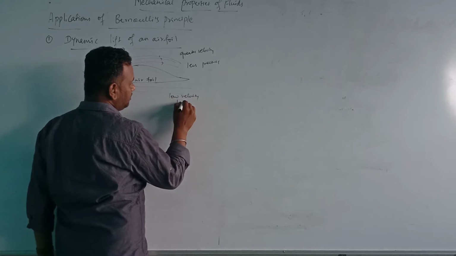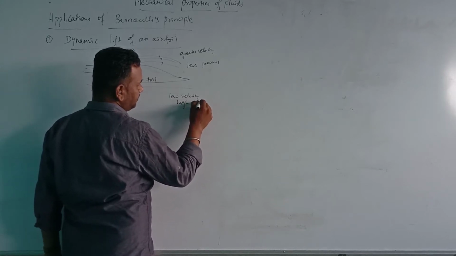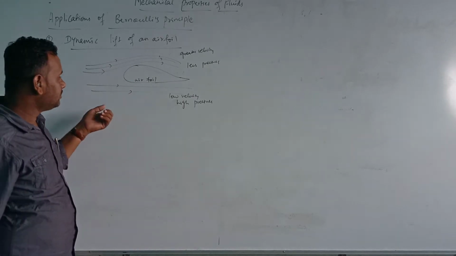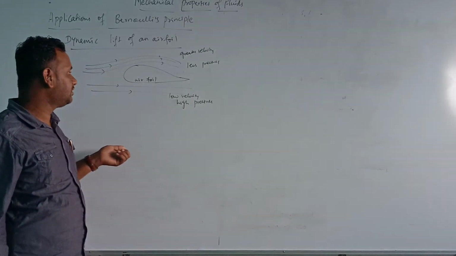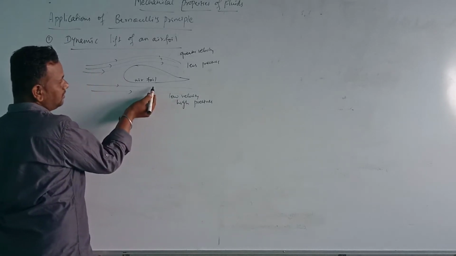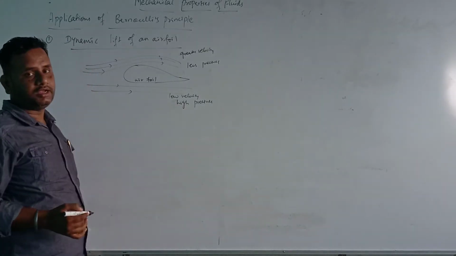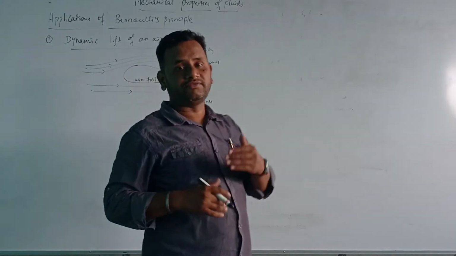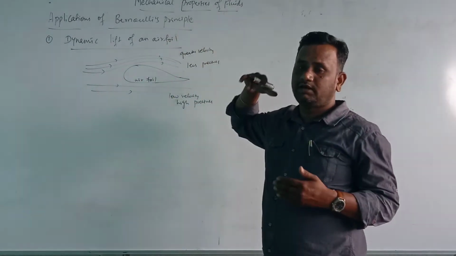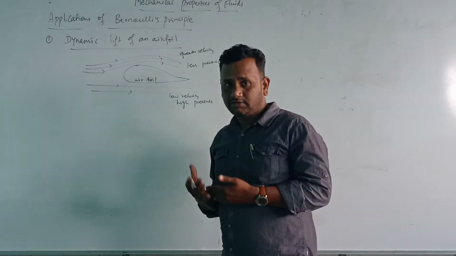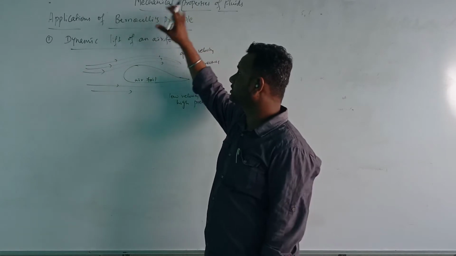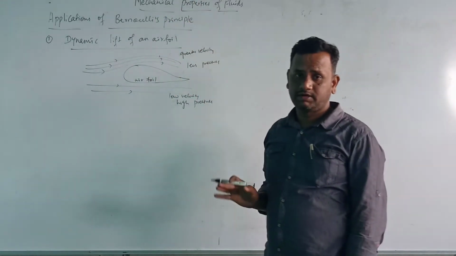So what happens because of this high pressure below the airfoil? It lifts the airfoil in the upward direction. There we can see the lifting of an airfoil. This is how Bernoulli's principle is applied here.